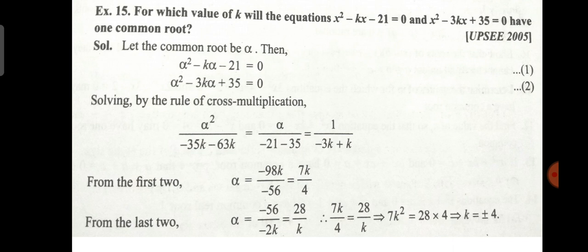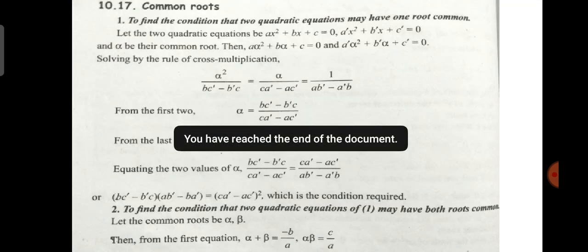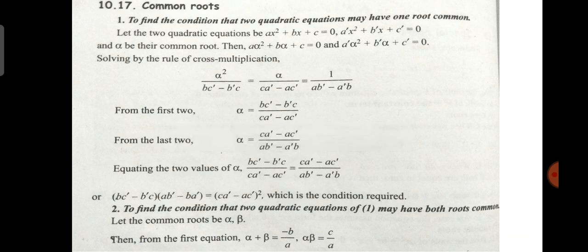From the first two, alpha is given, and from the last two, another alpha is given. Then from these two equations you will get k. Okay, so similar questions should be solved. By using the condition you have to find k or any variables. This is the last part, common roots.